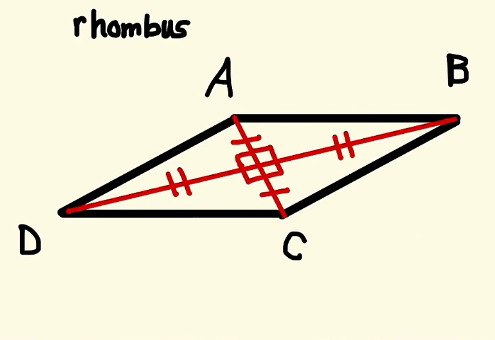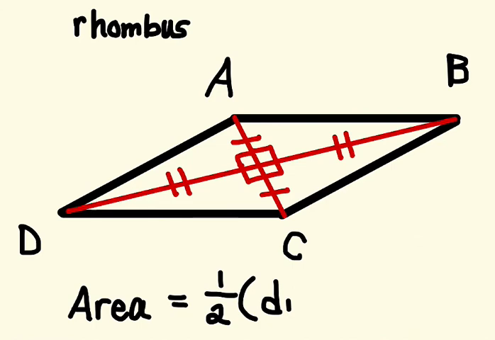So the area of a rhombus, well, you can use the same formula as the area of a parallelogram, but another formula for the area of the rhombus is 1/2 the product of the diagonals. Diagonal 1 times diagonal 2. In this case, the diagonals are AC and BD.